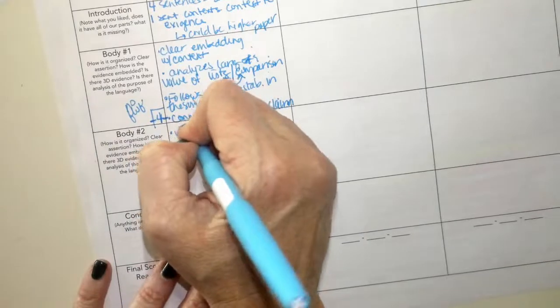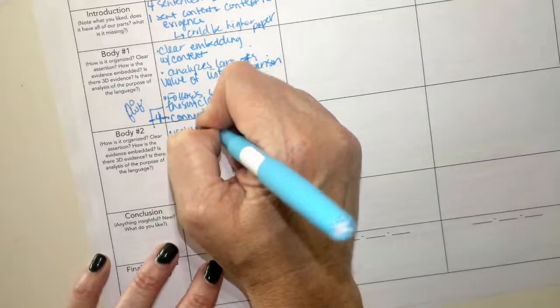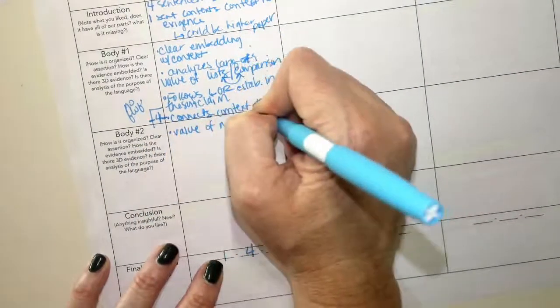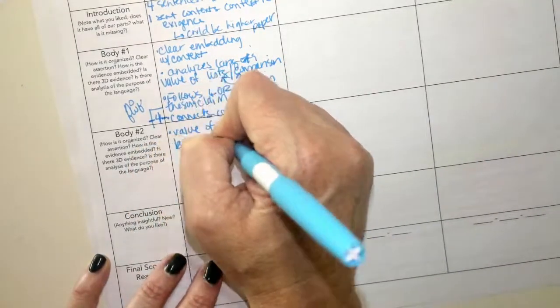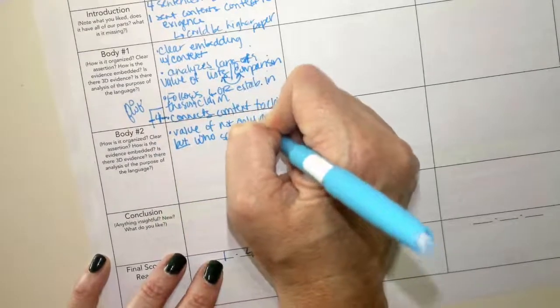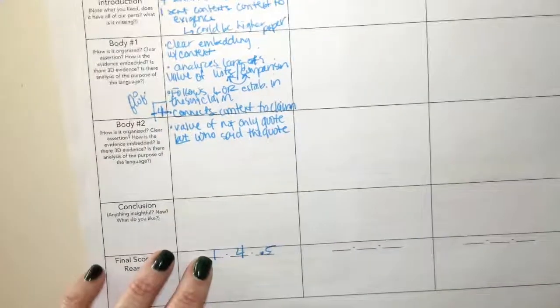All right, what are things that you like in the second body paragraph? Like they use the male audience. Okay, so the idea that it's insightful that we didn't just analyze the quote, so the connection, the value of not only the quote, but who said the quote. Like that for me is a step further, right?